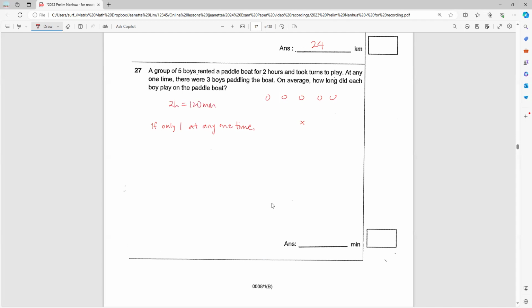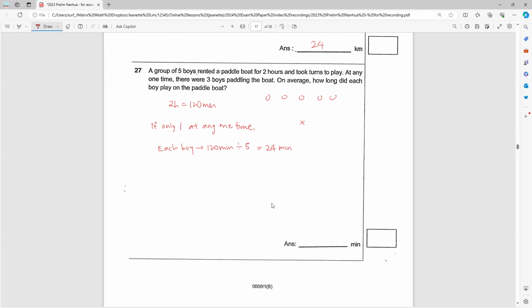So if you have 5 of them, 120 minutes, only one spot, then they have to split the time equally. So each boy would get 120 minutes divided by 5. Okay, so 24 minutes if there's only one spot.